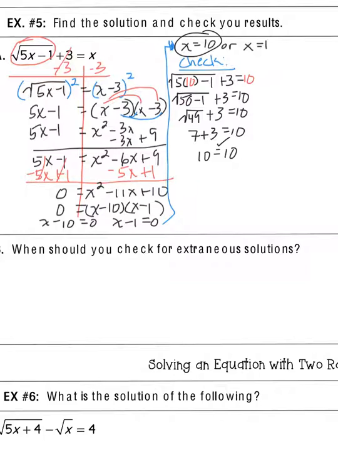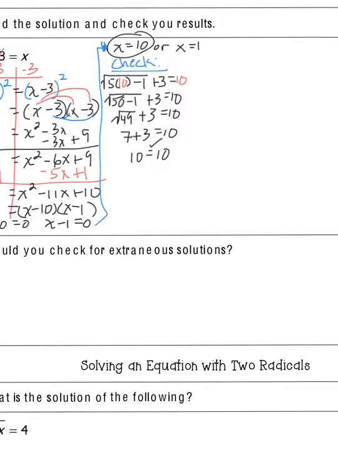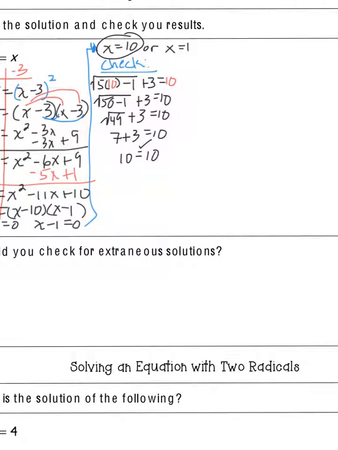Then let's check the second one, x equals 1. So here we go. I'm going to do the same thing. I'm going to plug in our 1 this time. So I get the square root of 5 minus 1 plus 3 equals 1.